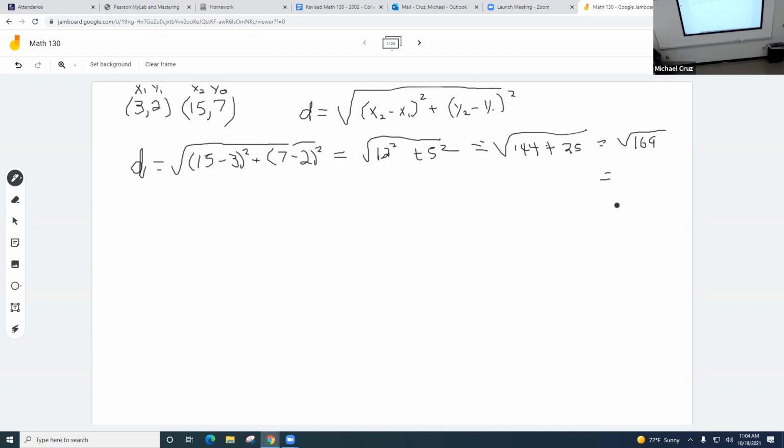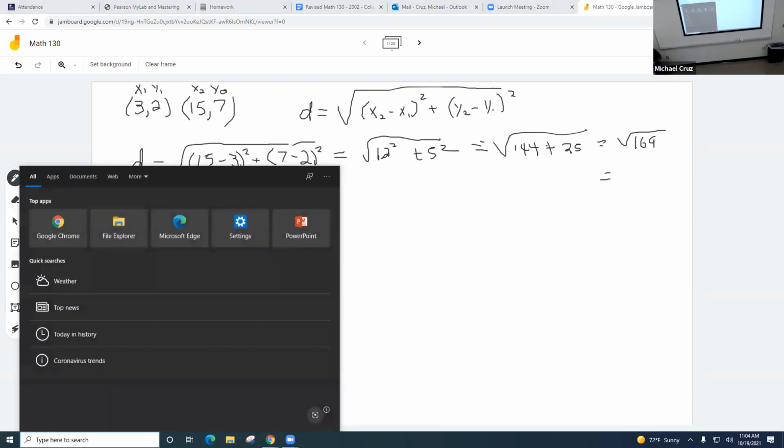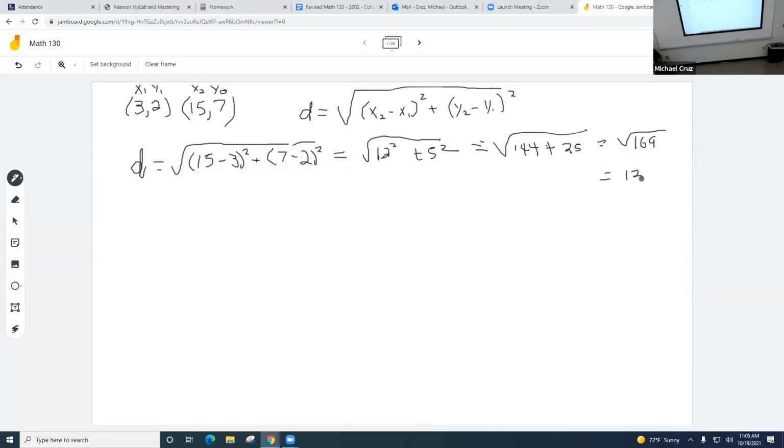That's not going to happen all the time, but you might want to double check that. That seems awful nice. Usually they come out to be some kind of a square root. That's going to be 13. Okay.